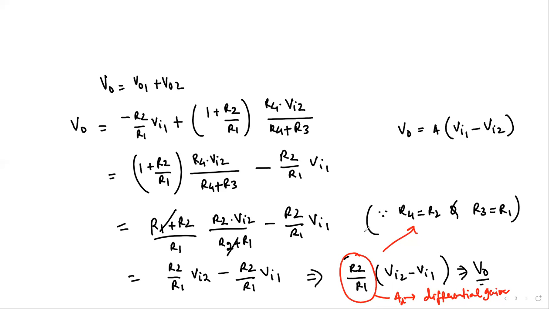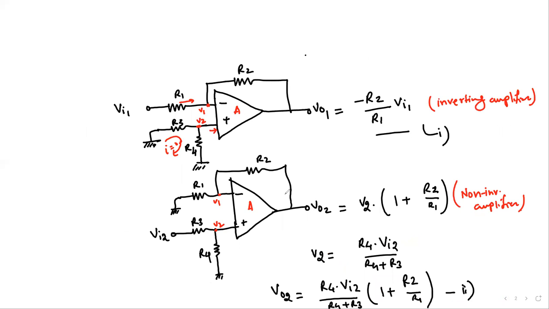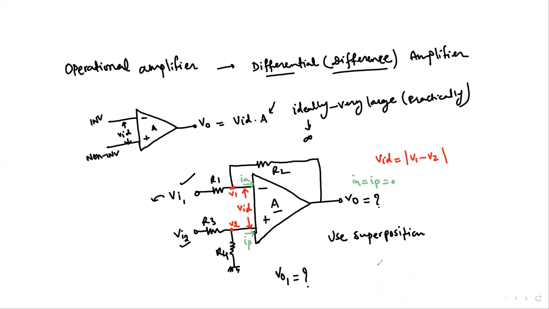Okay, so that's how we get this circuitry over here, and this is how we can get the expression for the differential amplifier. So we see that the final output VO is A times VID, which is R2 over R1, and note the sign, it has a positive sign.